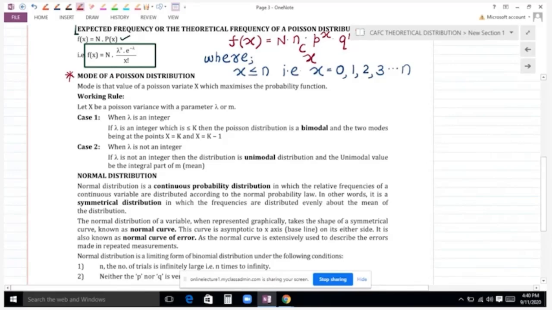The mode is defined to be that value of a variable which maximizes the probability function.